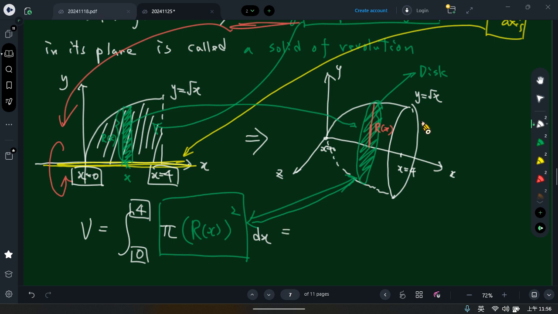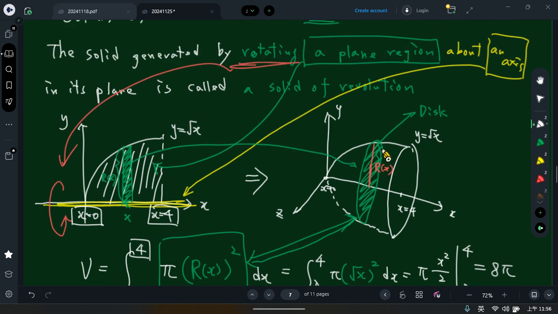Right, so it's easy. In this case, since r of x should be square root of x, r of x squared is x, then dx. So it will be pi times x squared over 2, from 0 to 4. Then the final result is 8 pi. Of course, y equal to square root of x is just an example.